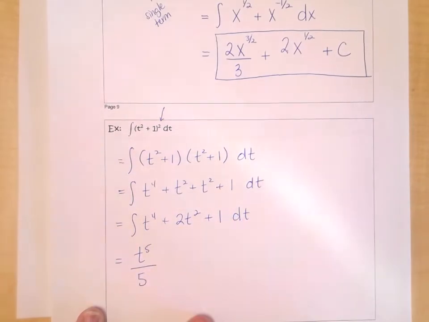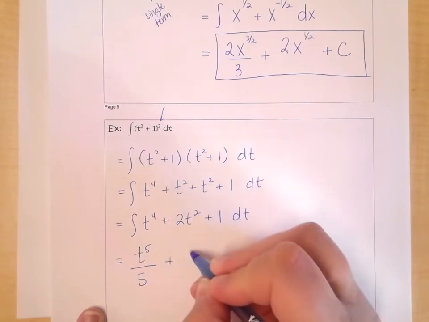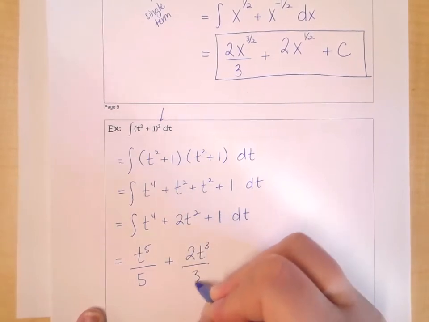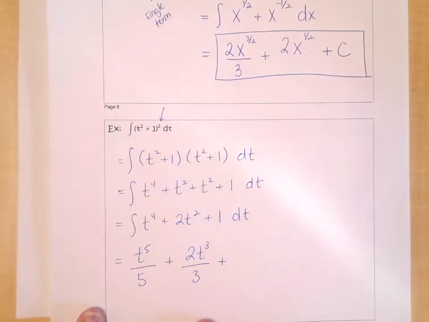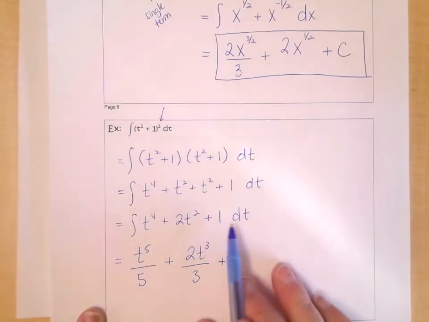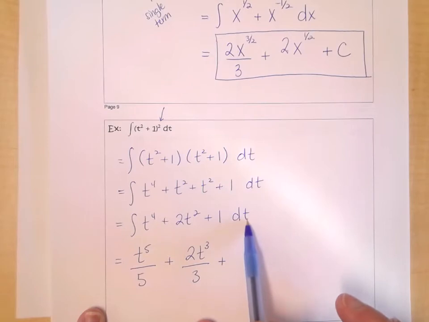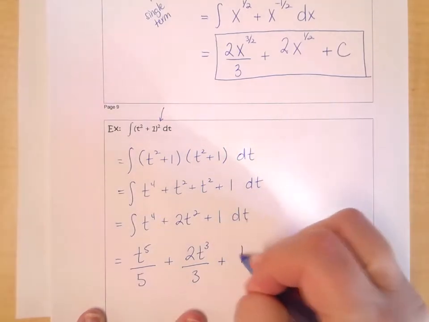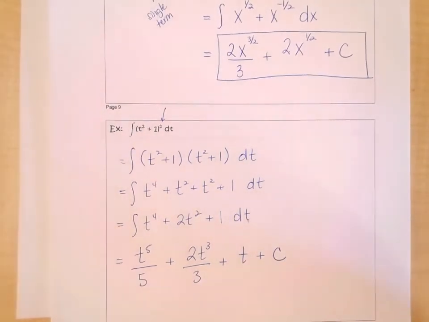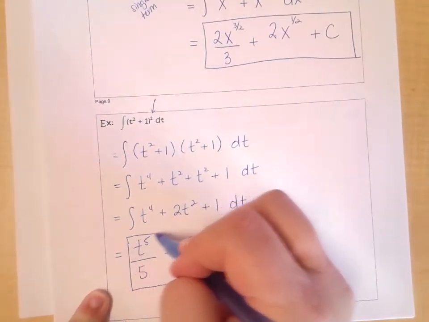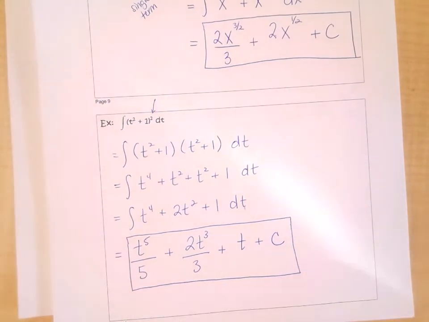Do you want to keep going? Plus what plus c? Yes. So I'm glad you said that because that's where we need to be careful. We know that it's quote unquote x, but x is going to change depending on the variable that we're working with.